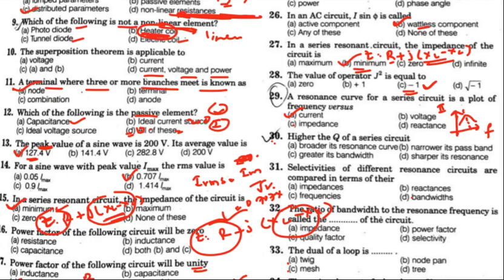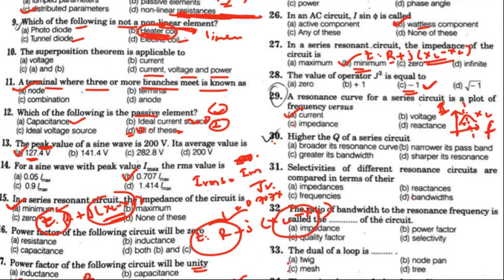After the resonant frequency it is lagging, and before the resonant frequency it is leading. After the resonant frequency it is inductive in nature, before it is capacitive in nature.